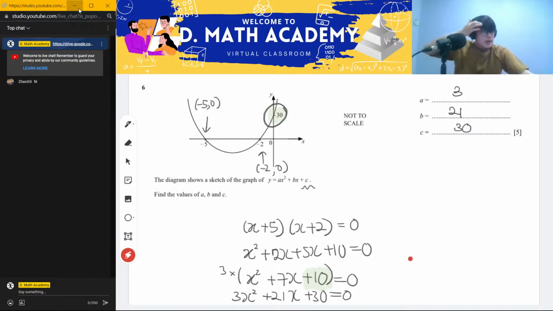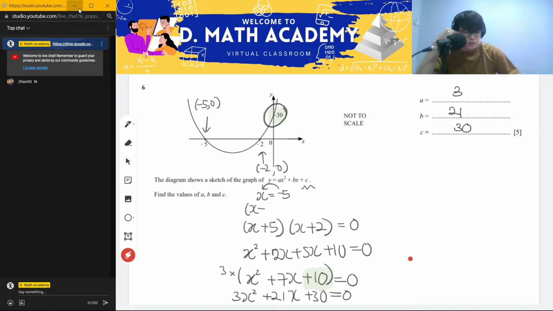So I think I made some mistake during my simultaneous calculation, and I took a different route, which is identifying from the roots here. So for the root x equals to negative 5, I transfer it back, and that's how I ended up with this x plus 5 here.